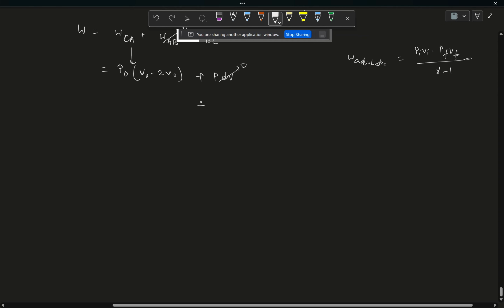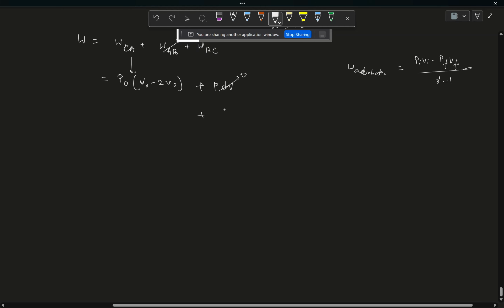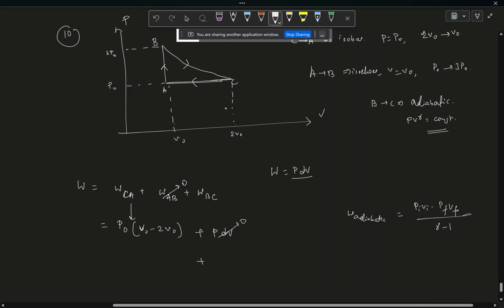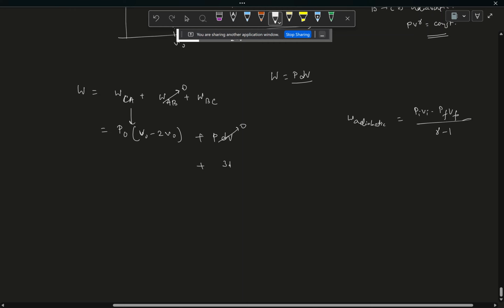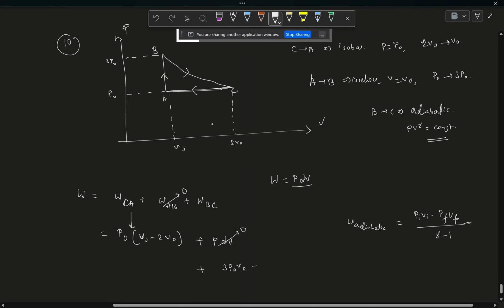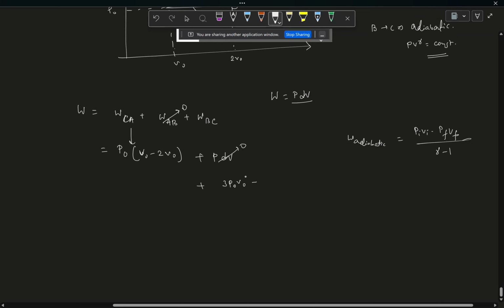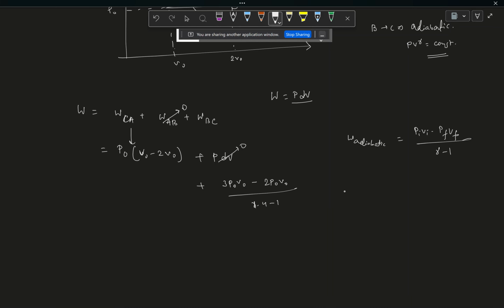So WBC: at B the initial pressure is 3P0 and the initial volume is V0, so this is 3P0 V0, minus at C the final pressure is P0 and the final volume is 2V0, which is 2P0 V0, all divided by gamma minus 1, where gamma is given in the question as 1.4.